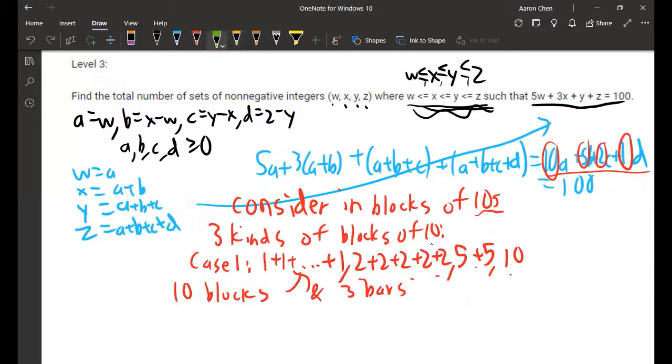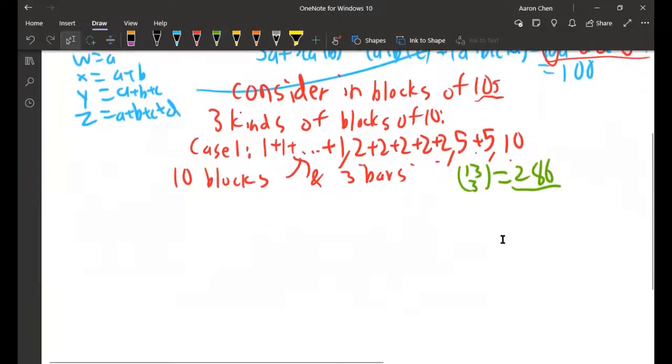And so the number that gets counted here is just 13 choose 3, which is 286. For each case that we count, I'll include the final count in a different color. Now for case 2.